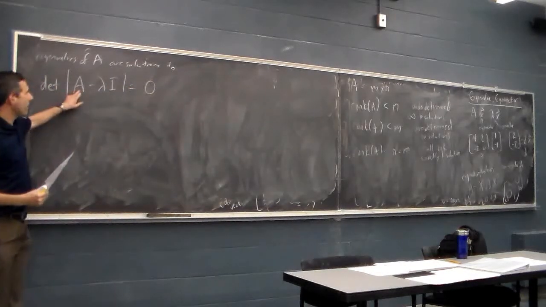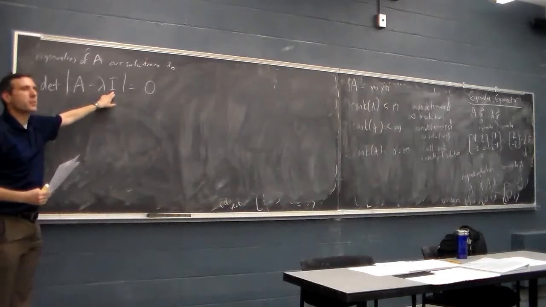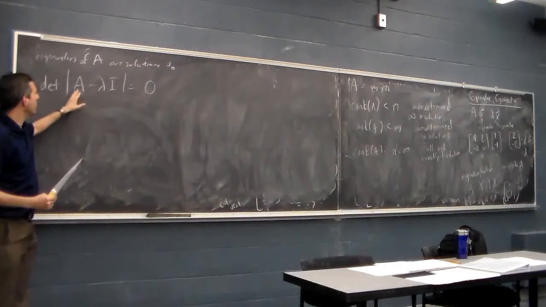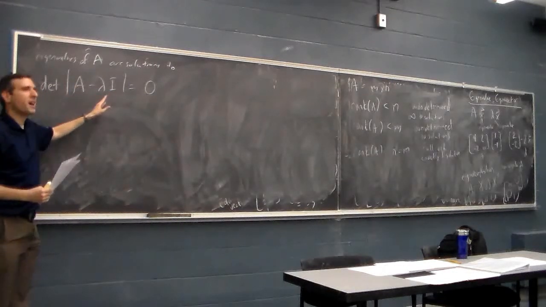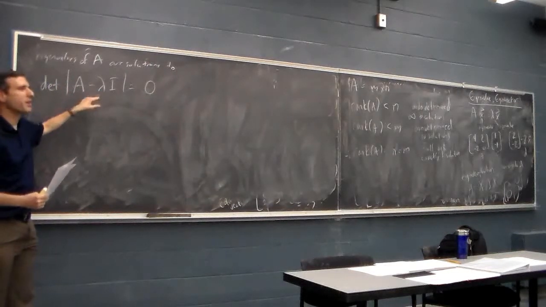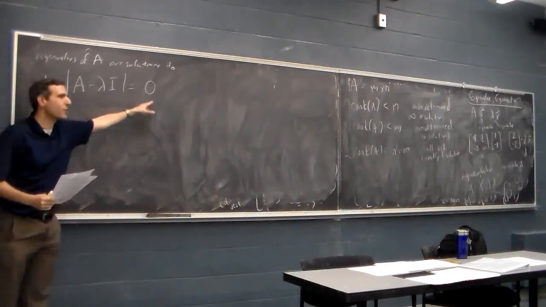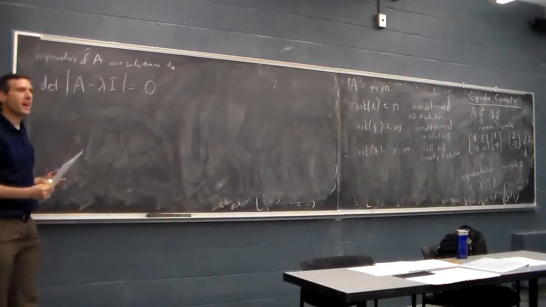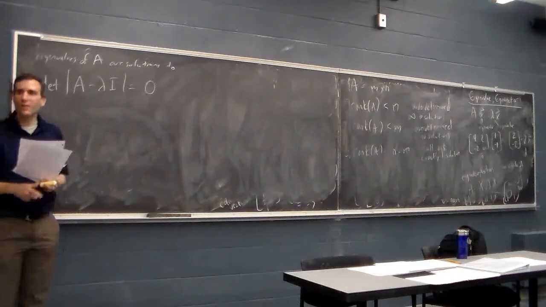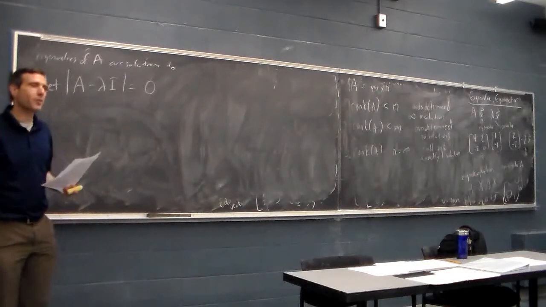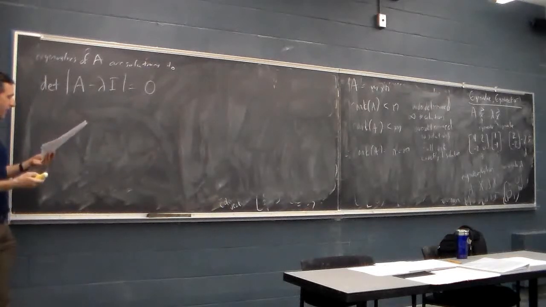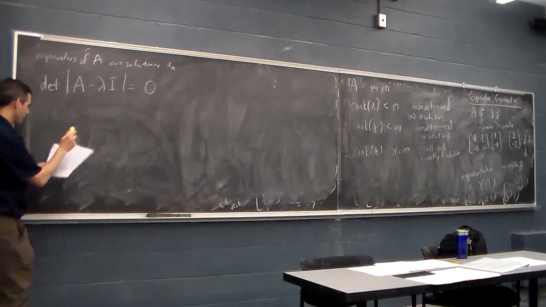So in other words, you take A, you take the identity matrix of the same size as A, multiply that by a variable lambda, take A minus lambda I, and then the determinant of that will be a polynomial in lambda, and the solutions of that polynomial equals 0 will be the eigenvalues of A. Now, polynomials you can't necessarily solve beyond small cases either, but at least this gives you a way of finding these in general. And I can show you a simple example of how this would work.